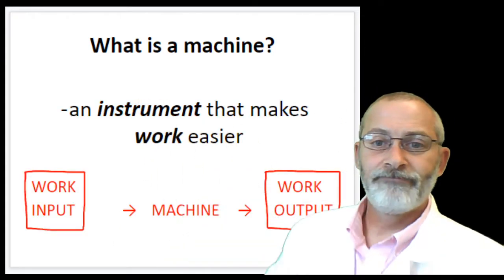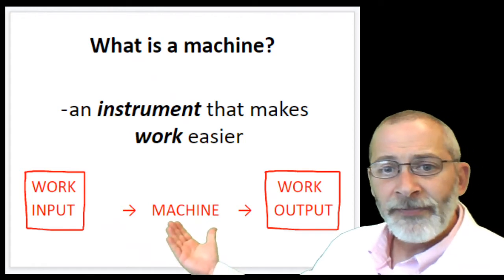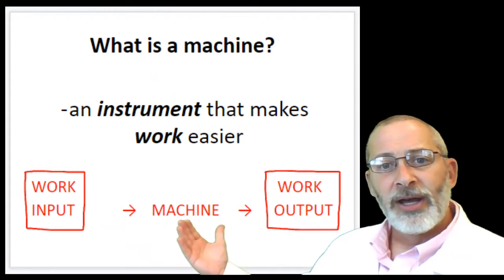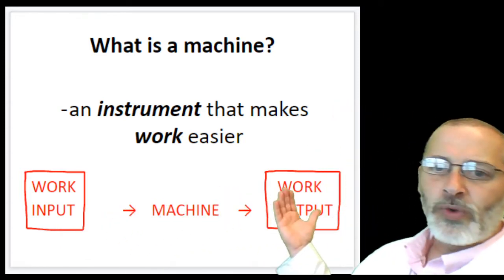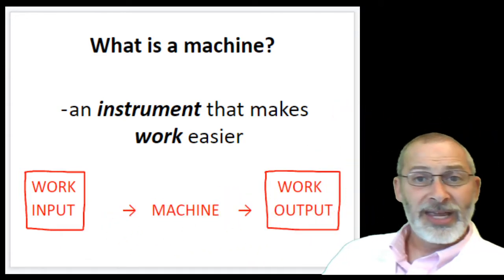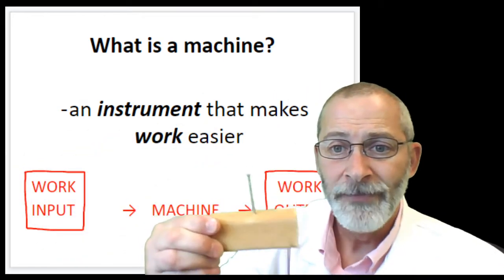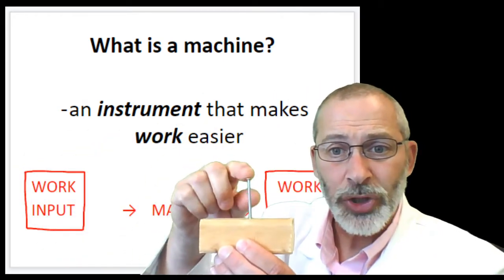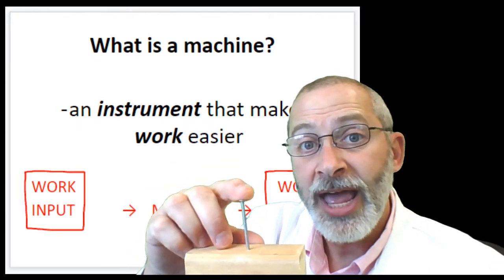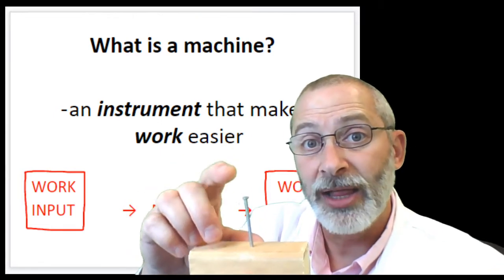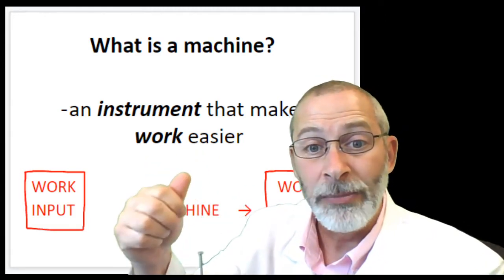So let's illustrate this visually. We've got a machine that is in the middle of putting work into something and getting work out of something. In the example I gave you before with the nail and the piece of wood, the work that I was trying to put into the system was simply moving a nail, applying a force to a nail, and moving it through a distance. That was the work input.